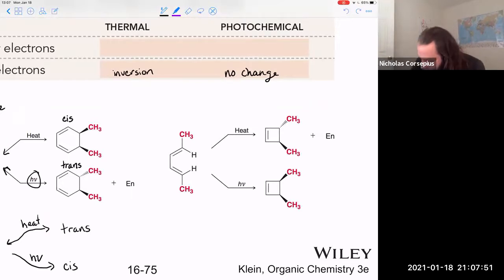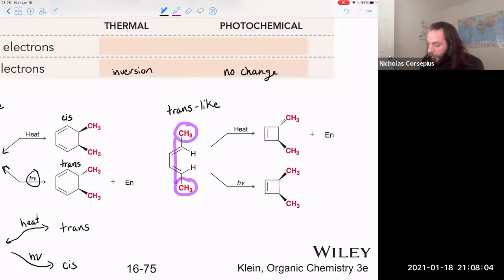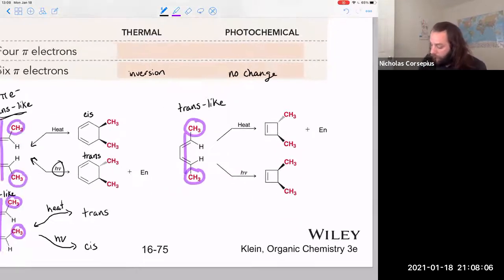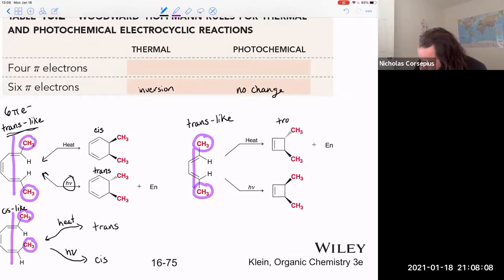Okay, now we can go over here to the 4 pi electron situation, and we're going to do the same thing. We're going to chop it at this bond. We're going to notice that these two groups are pointed on opposite sides. So we're again going to call this trans-like. And we're going to note that if we hit it with heat, that gives us the trans product. Whereas if we hit it with light, it gives us the cis product.